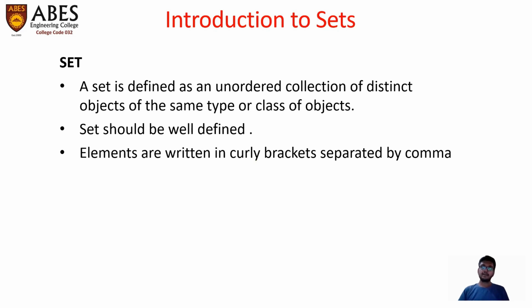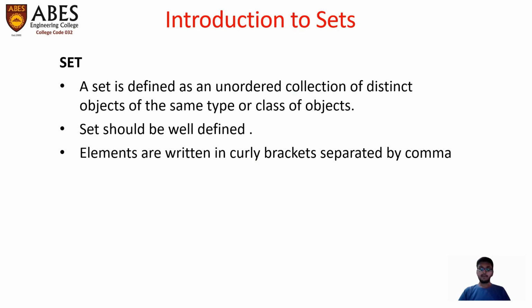A set is a collection of elements, and two properties must be satisfied to clearly specify a set. First, unordered collection means the elements present inside the set can be in any sequence, it doesn't matter. It can be arranged in any order. So the order of the elements doesn't matter.